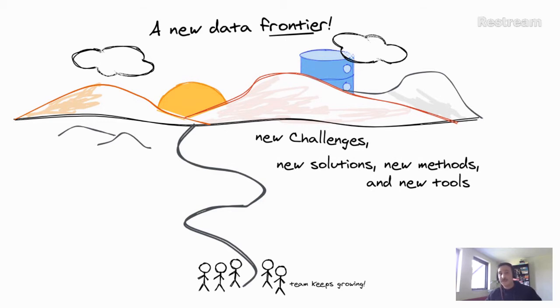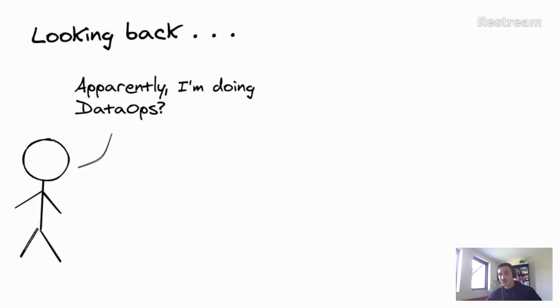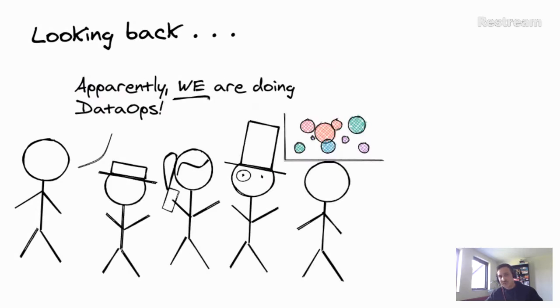And that was the point where I could look back and see that apparently I'm doing DataOps. But it's not just me, because it's really a team effort. We are doing DataOps as a team. We are building a culture where people care about the data and where people care about the things they build and the solutions that they provide. And I think that's a really, really beautiful thing.